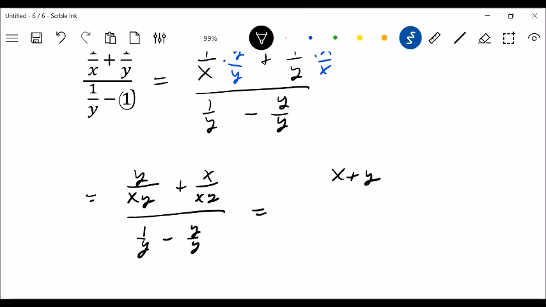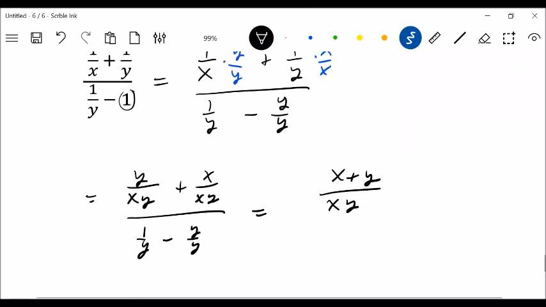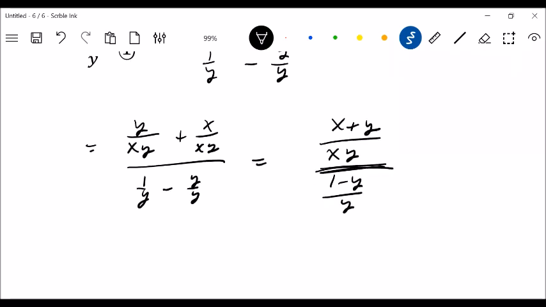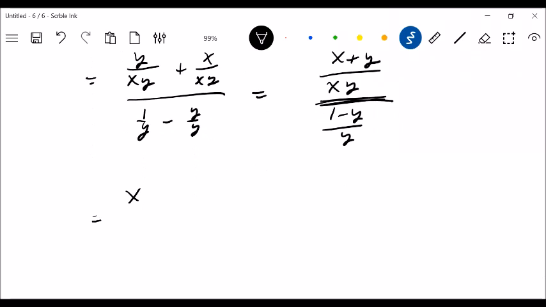So I have x plus y over xy. It doesn't matter whether it's x plus y or y plus x. And here I have 1 minus y over y. Well, this is a division. So I can do x plus y over xy, divided by it. Let's rewrite this and do it dividing by that.